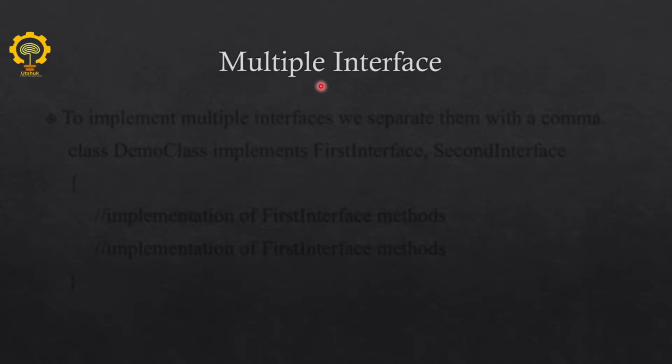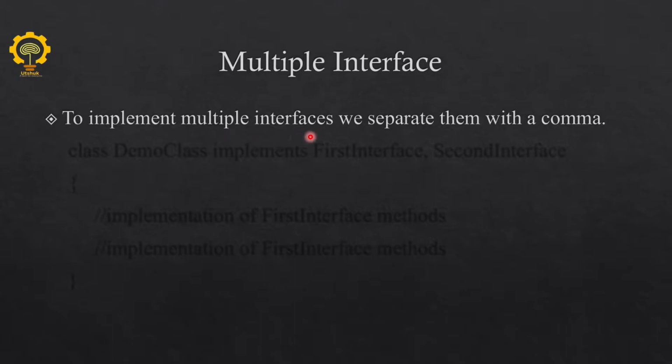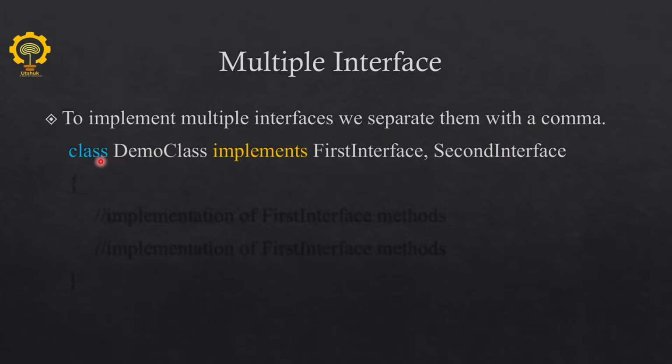So let's see how to declare multiple interfaces. To implement multiple interfaces, we separate them with a comma. Suppose that we have a class named demo class, and it tries to implement two interfaces, first interface and second interface. Then we can use multiple interfaces simply by separating them with a comma.